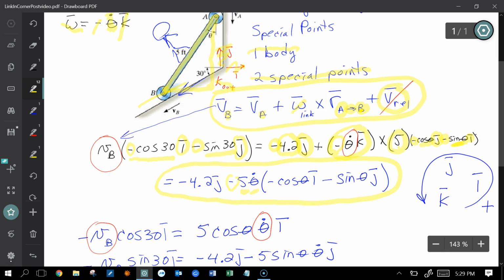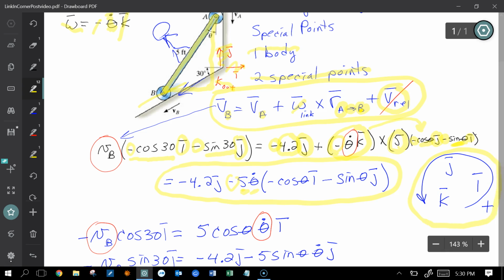So I pull out a negative, the 5, and the theta dot. Pull that out. And now what I'm left with is K cross cosine theta J. Right? So again, I'm going to pull out the constants. So in the parentheses, I pull out a negative cosine theta, and now I need to do K cross J. I use this little diagram over here to do it, right?